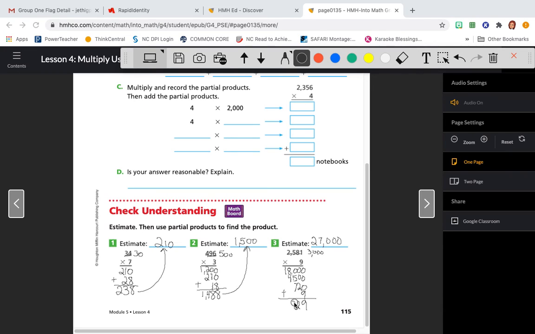We have to do some regrouping here. Carry a 1 over to the thousands. 1 plus 8 is 9. 9 plus 4, 13. So we're going to have to carry over to the 10,000s. 1 plus 1 is 2. So 23,229. And that is close to 27,000. So we can say that that answer is reasonable.